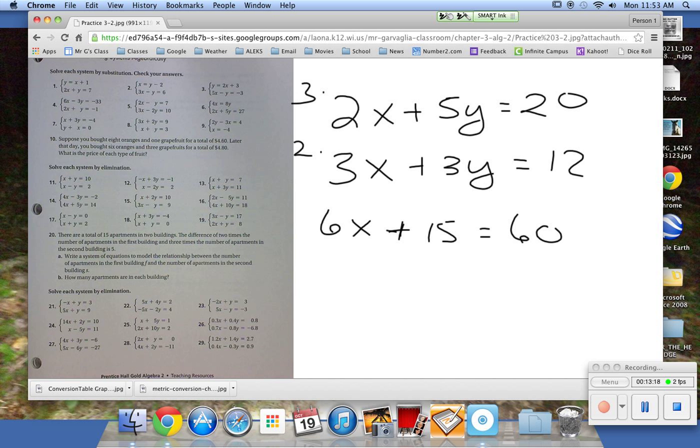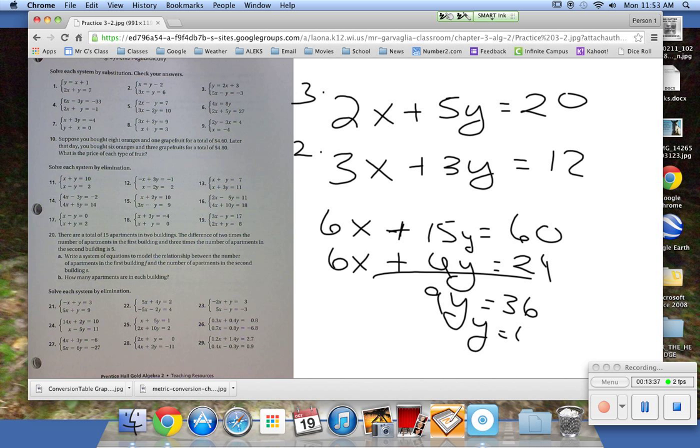And the bottom one would be 6x plus 6y equals 24. Now I could subtract them, right? So I'd end up with 9y equals 36. Y equals 4. I could plug that back in and figure it out.